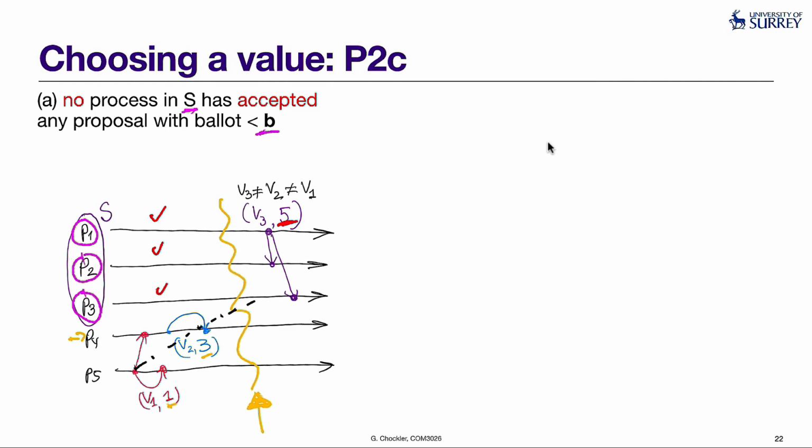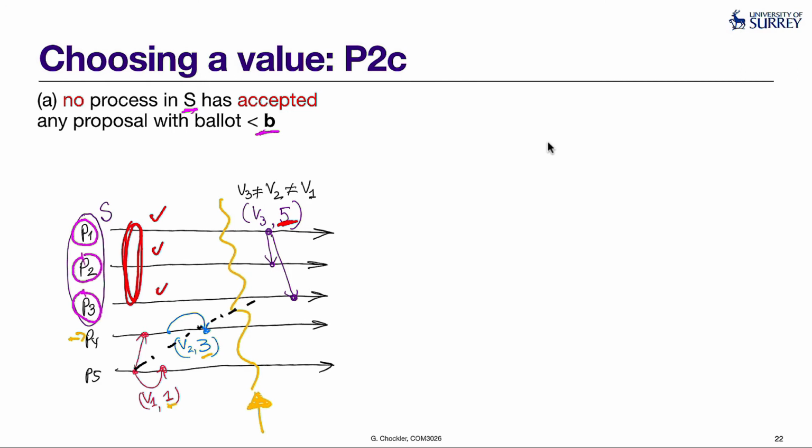Okay, so why is it indeed the case? It is because we see a quorum without any proposal chosen. And if any proposal was chosen, then we would see some evidence of it at any quorum that we can see, at any composition of S which is possible. This is because any two quorums intersect.